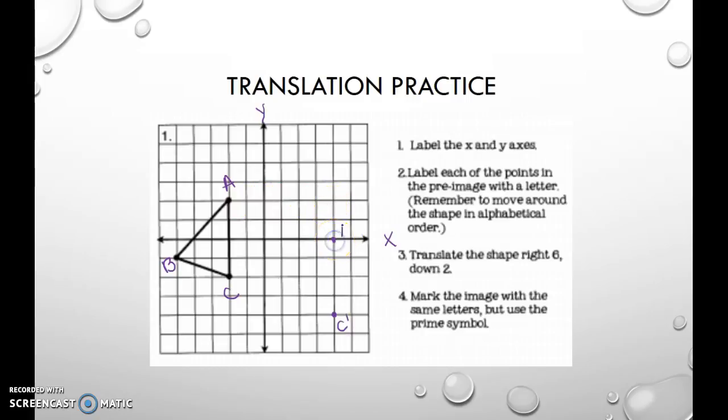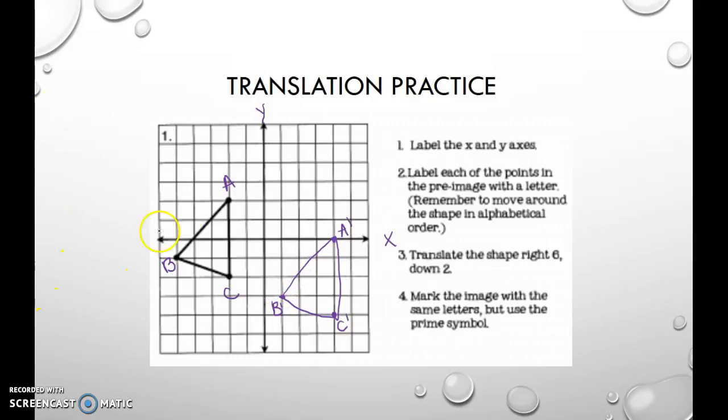And that gives me my A prime. And for B again, right 1, 2, 3, 4, 5, 6, and down 1, 2. Gives me my B prime. And all I have to do is connect these.